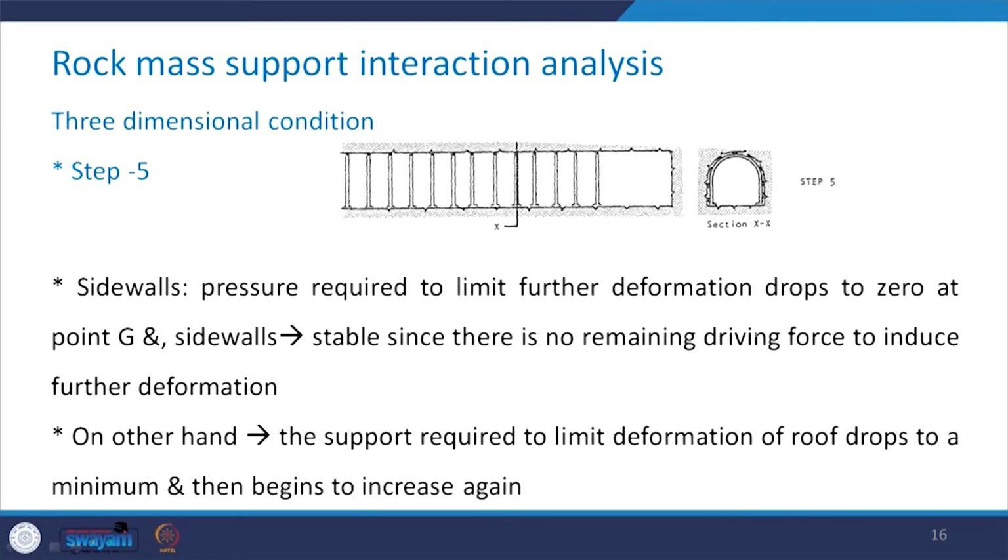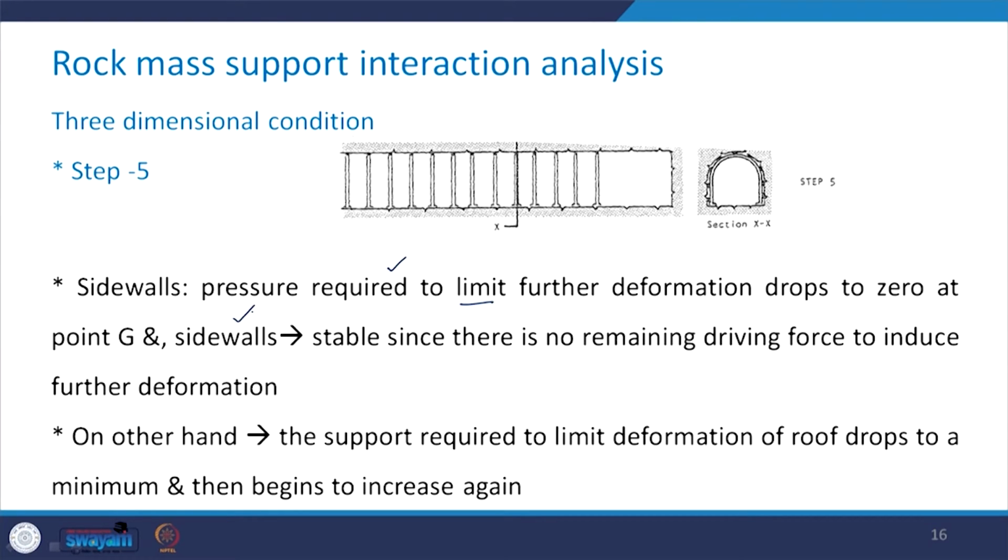Now, for these side walls, the pressure required to limit further deformation drops to 0 at the point G, and the side walls will be stable since there is no remaining driving force to induce further deformation.